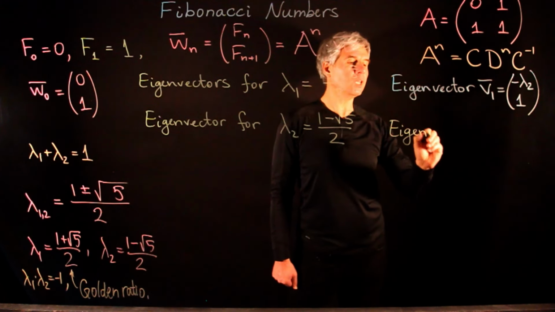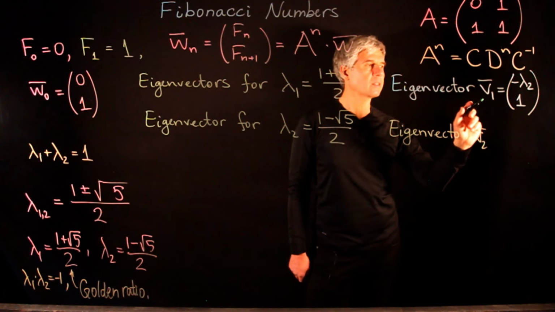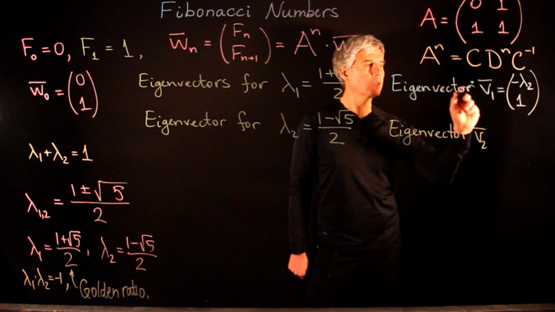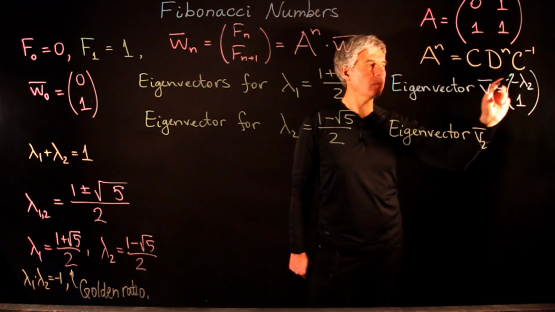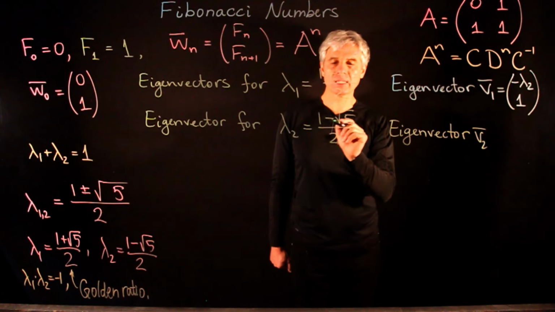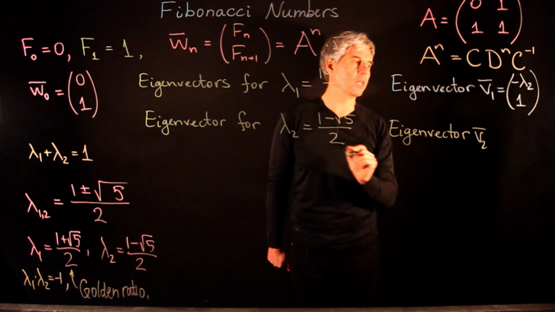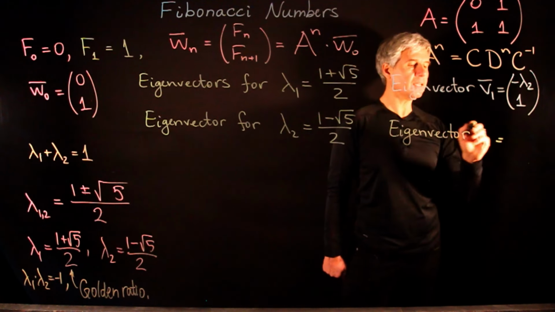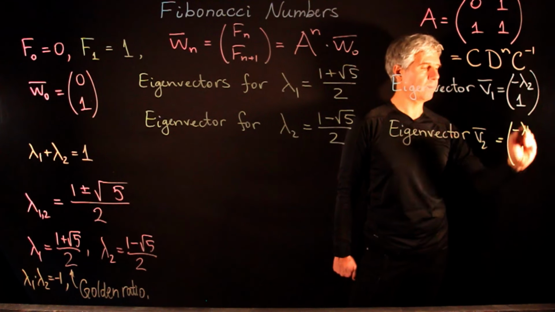So if we have calculated the first eigenvector, then by switching the sign at the square root of 5, we will go from one eigenvector to the second eigenvector. And here we have lambda 2, and switching the sign of the square root of 5 in lambda 2 gives us lambda 1. So this tells us that the second eigenvector will be minus lambda 1 and 1.